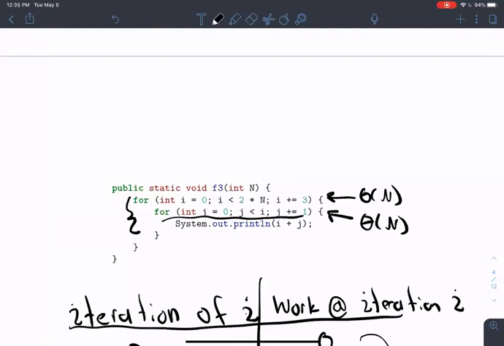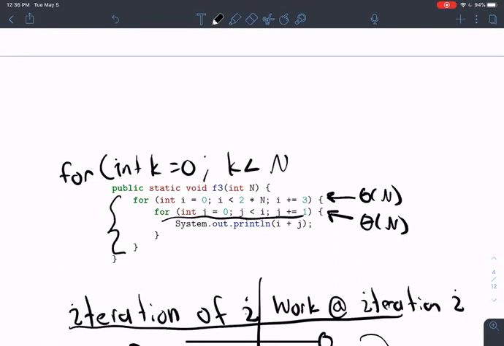And now that you know this one, if you ever see a loop that looks like this, you can automatically conclude that it's N squared runtime. So if you see this loop inside of a larger loop, like let's say I had one more loop, int k equals 0, k less than n, k plus equals 1, outside all of these, then this inner part is independent.